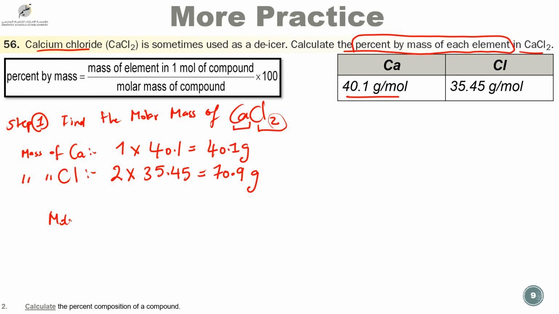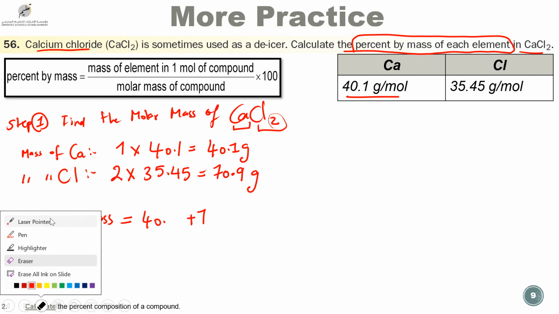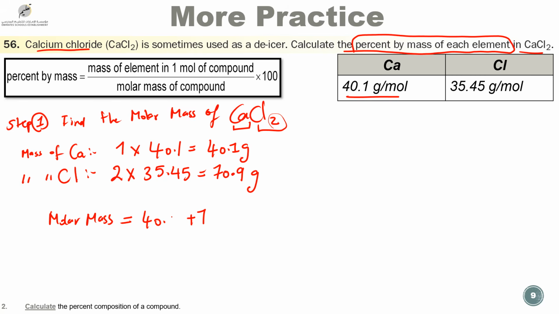Now the molar mass equals 40.1 plus 70.9, just to make sure, it's 111. Yeah, 111 grams per mole.